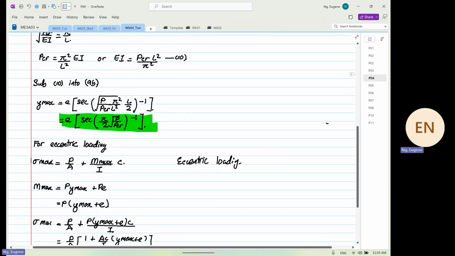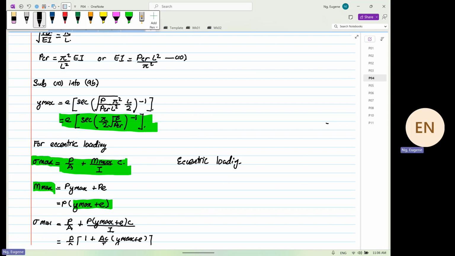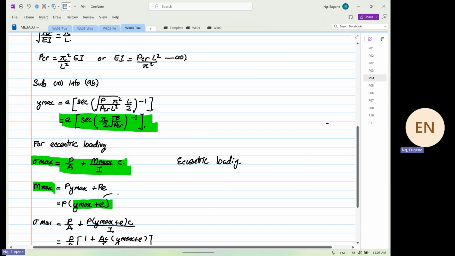Then after that, does this look familiar? This is to calculate the stress. Okay. And the maximum moment now is equal to what? P times Y max plus E. So again, this is due to the eccentric.